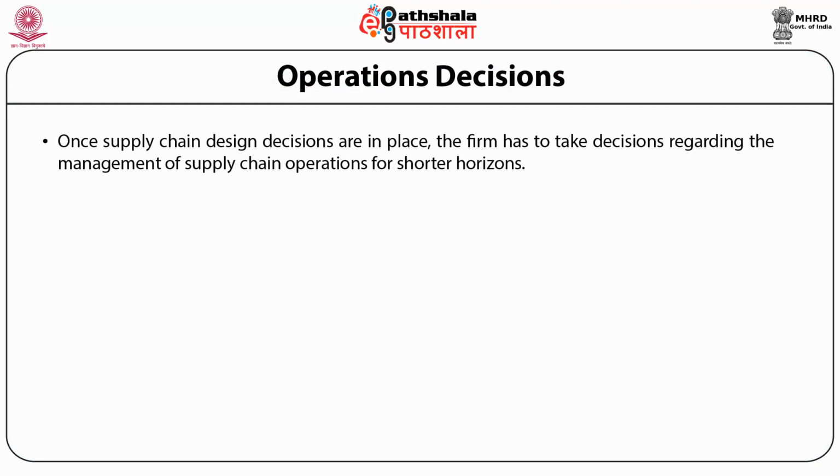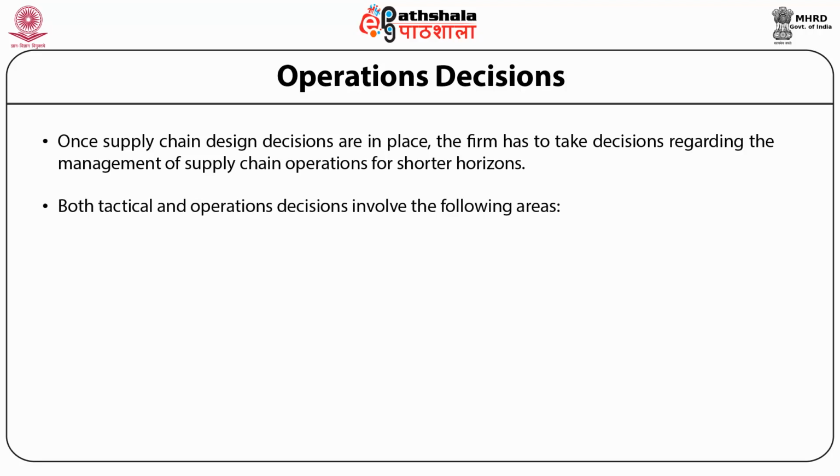Operations decisions. Once the supply chain or operation design decisions are in place, the firm has to take decisions regarding the management of operations for a shorter horizon. This involves tactical decisions, which have horizons of about 3 months to a year, and operation decisions, which usually have a horizon ranging from a day to a month.